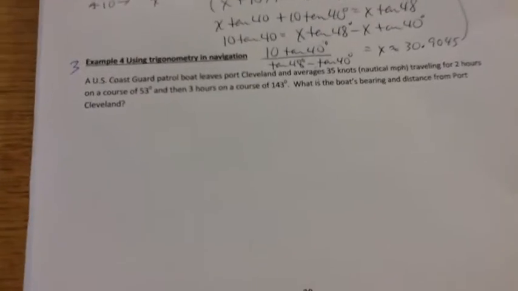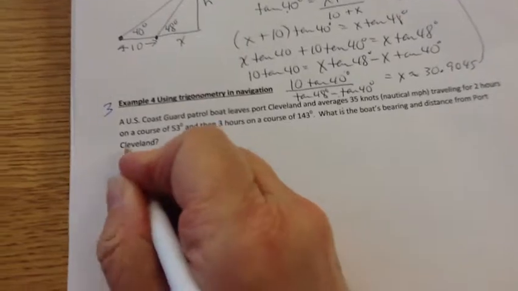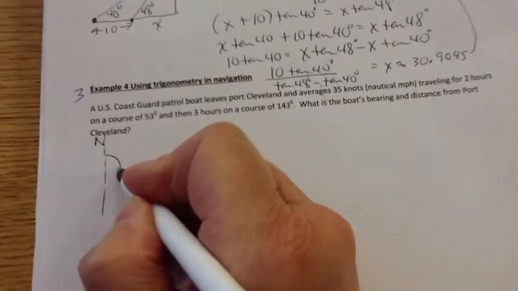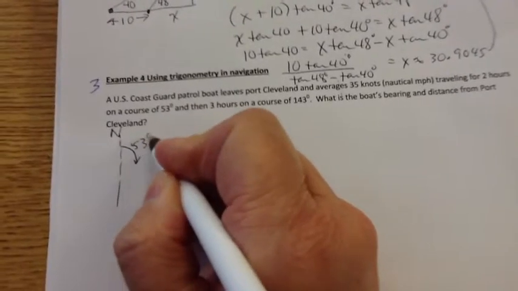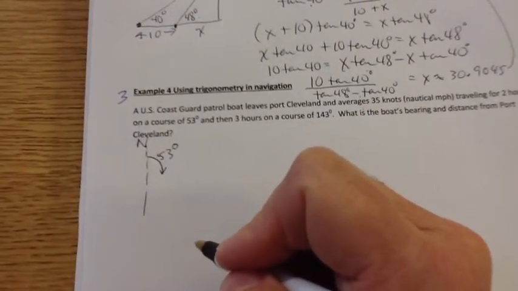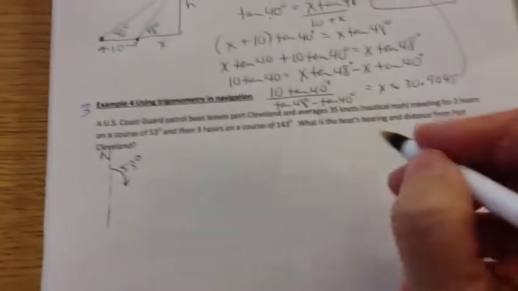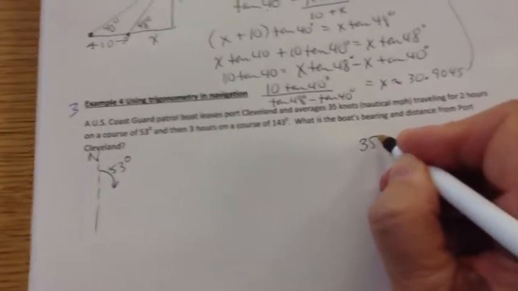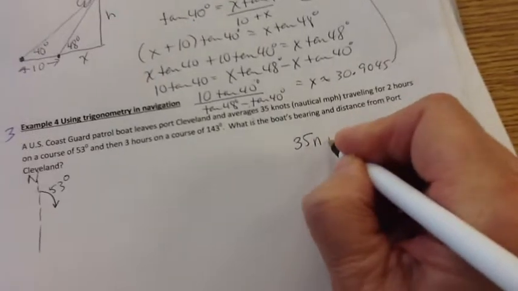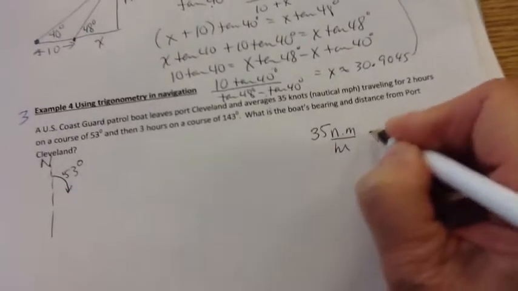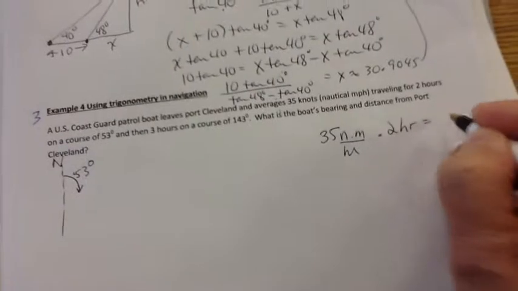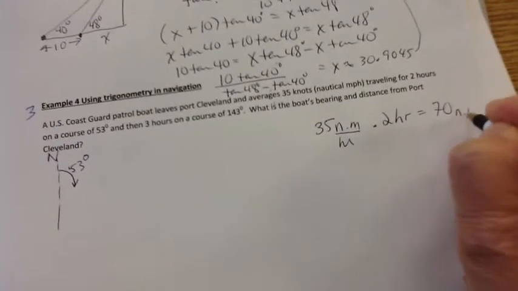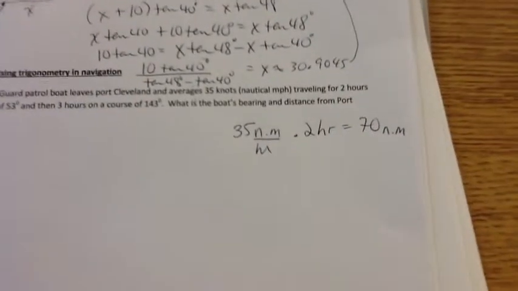So let's draw our picture. We actually have due north here, and it tells me that he went 53 degrees clockwise, and he traveled 35 nautical miles per hour. Well, before I draw that, that's 35 nautical miles per hour times 2 hours, which is 70 nautical miles. Okay? Let's note the distance.